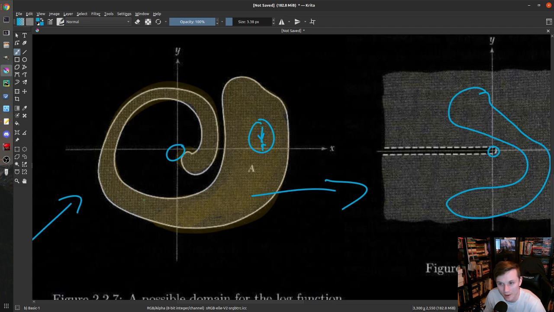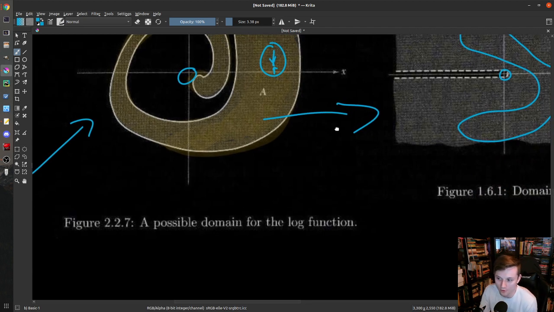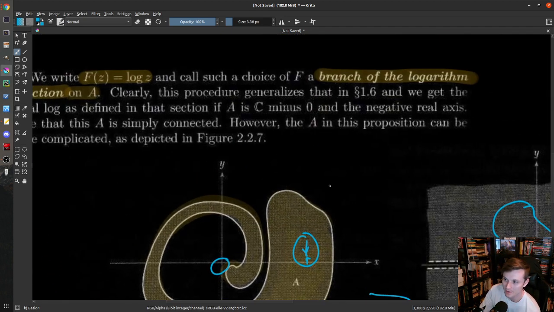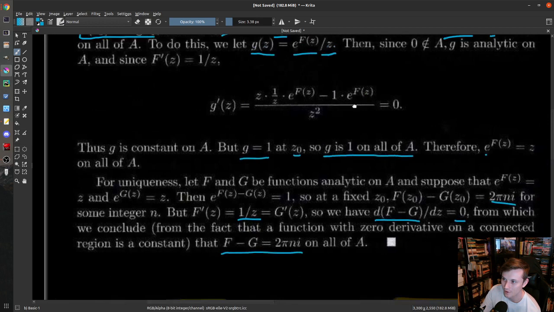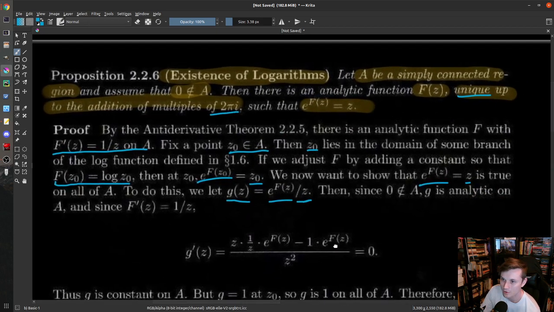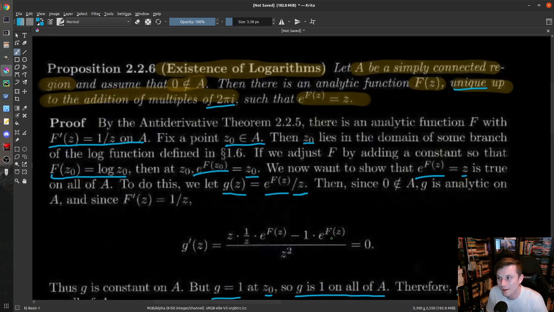It's not a shame, as long as you have a nice domain for the log function, something that satisfies the conditions of proposition 2.2.6, a simply connected region not containing 0. Then you have a logarithm that is unique up to multiples of 2 pi i.